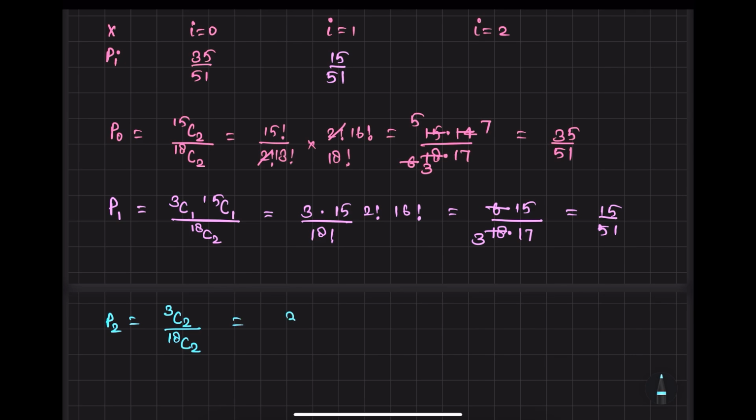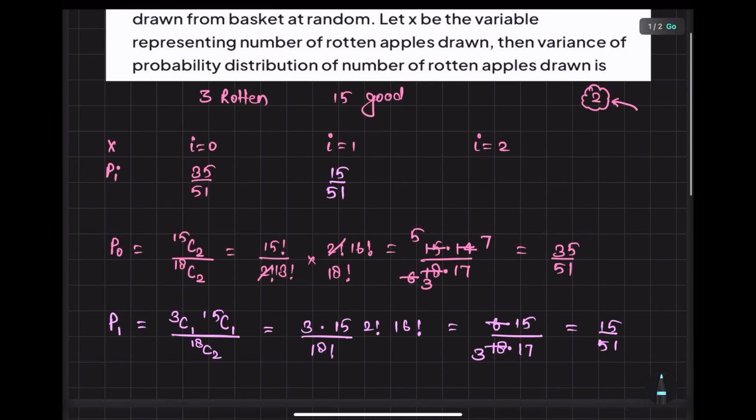Now 3C2 is 3, and then 18 factorial over 16 factorial 2 factorial. So it is 6, 18, 17. So it is 3. So it is 1 by 51. So here we have 1 by 51.